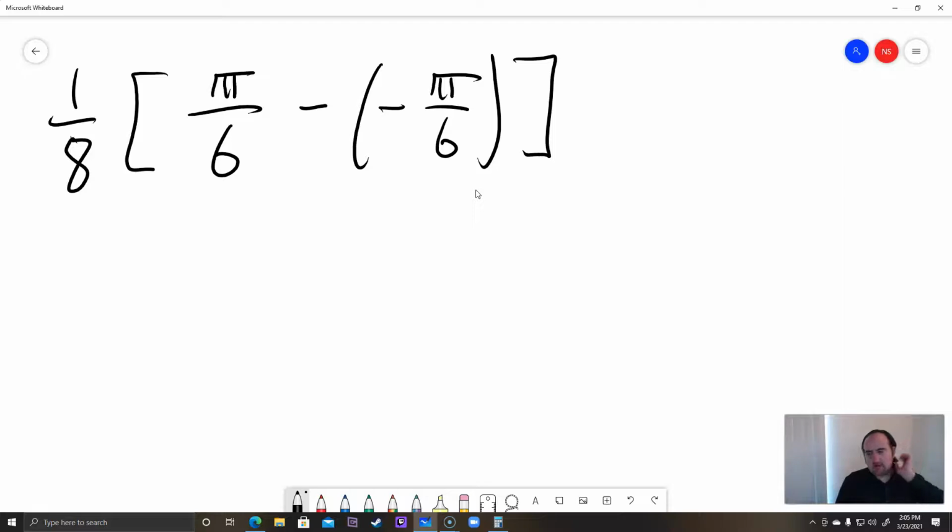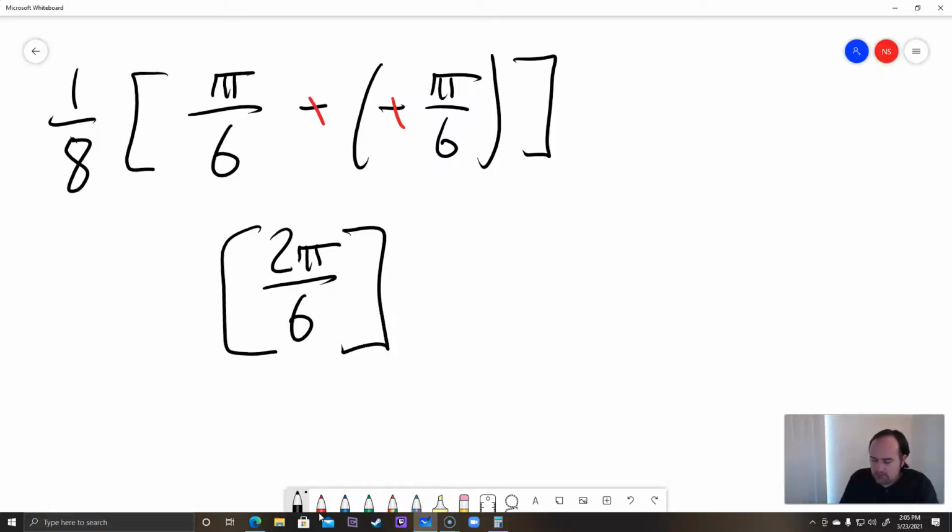Or if you have a calculator that will just give you an exact answer, those can be very handy as well. But regardless of what method you use, now these minuses are going to cancel. So we get pi over 6 plus pi over 6, which is 2 pi over 6, so we have 2 pi over 6 times 1/8.